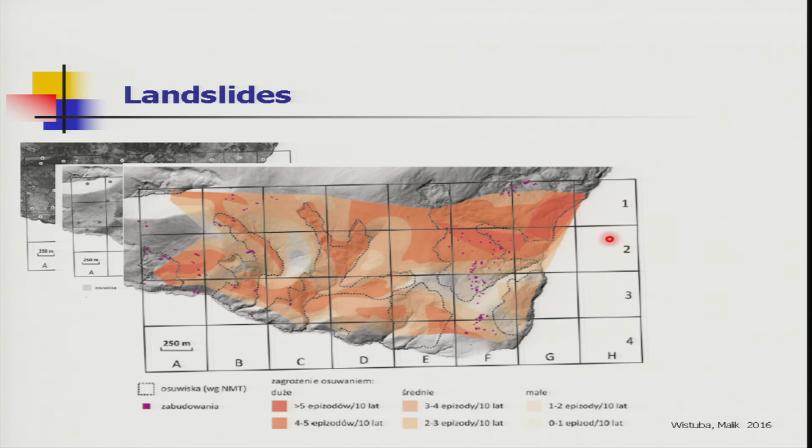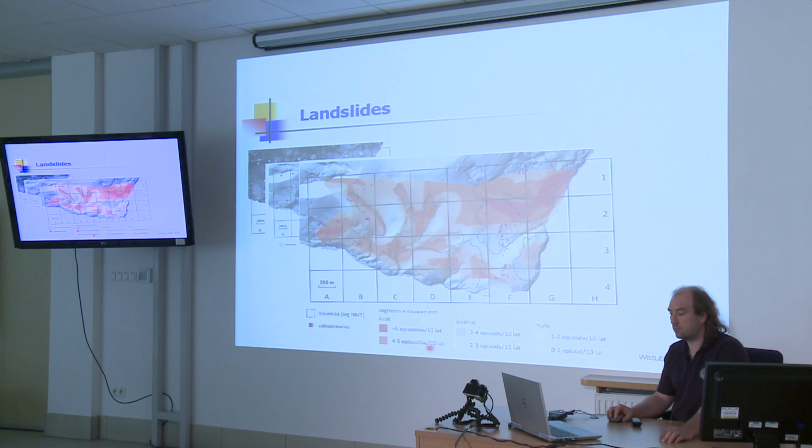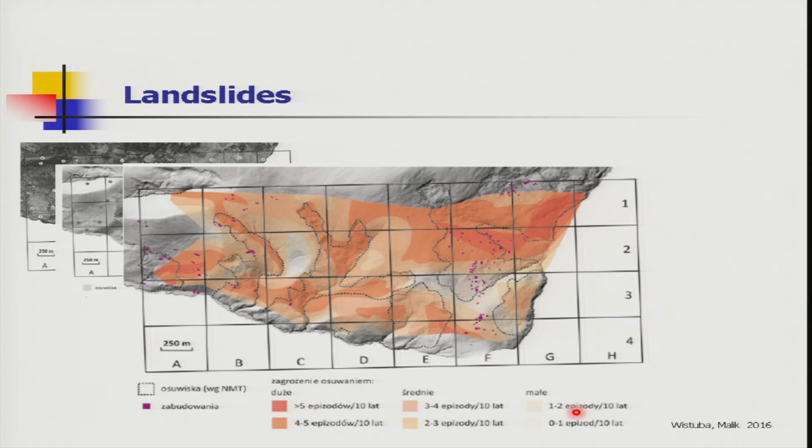And here is the result map. In color we see the danger, the threat of landslides. The more intense the color, the higher the danger. And these small spots here are current settlements.